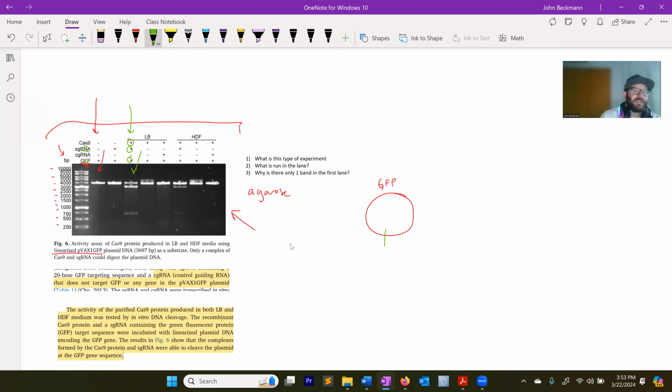Describe to me what happens to the plasmid. Oh, let's ask a different question. What is this band? No. Okay. Yes, this is just the normal linearized plasmid. So then what is this and what is this?